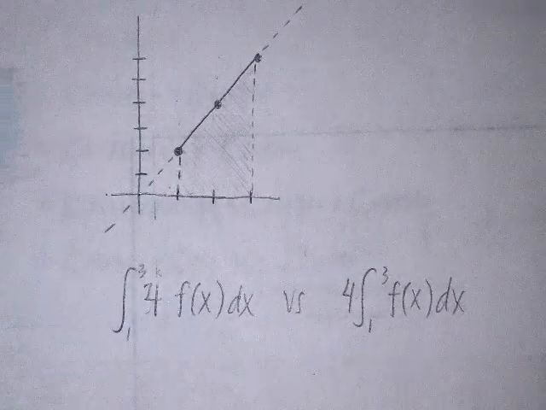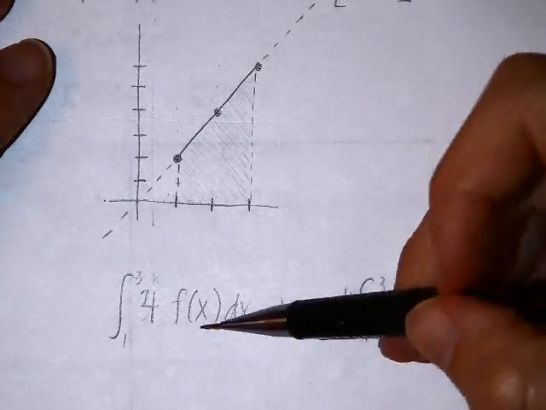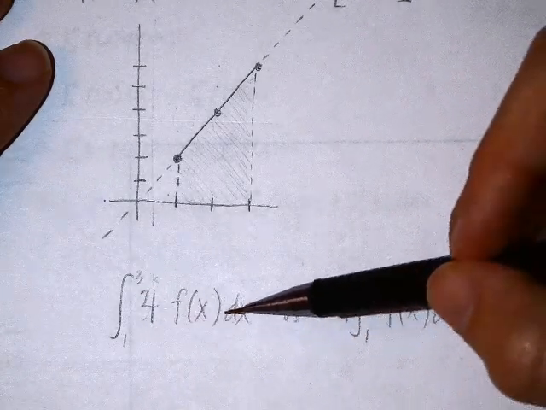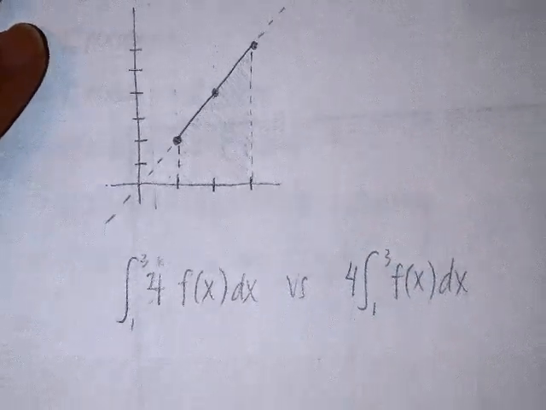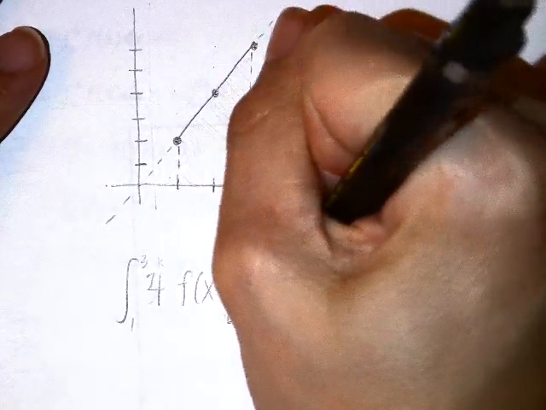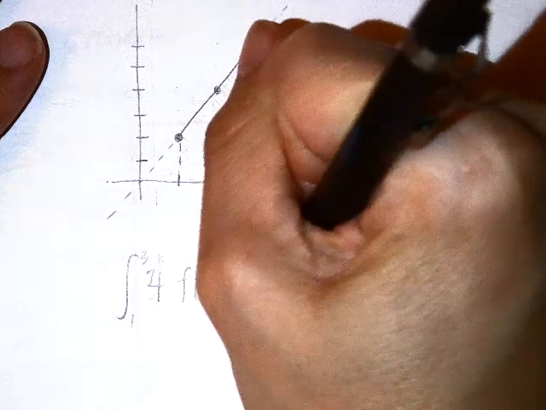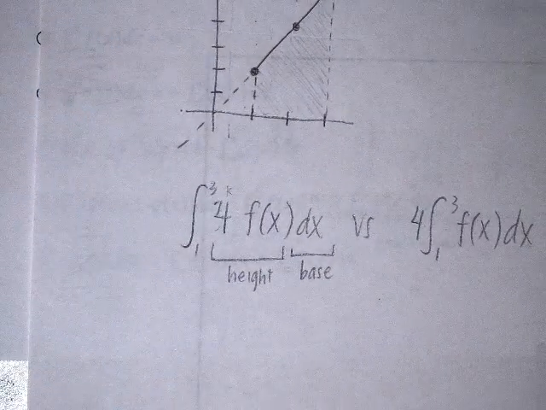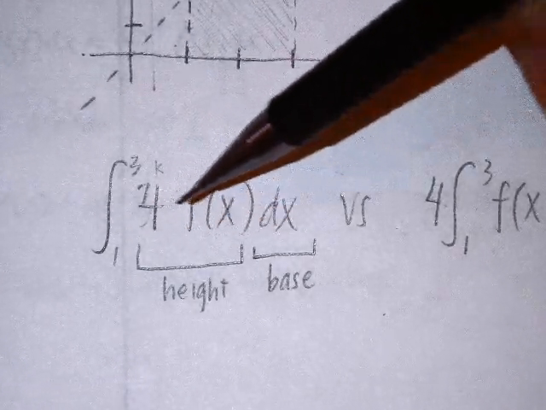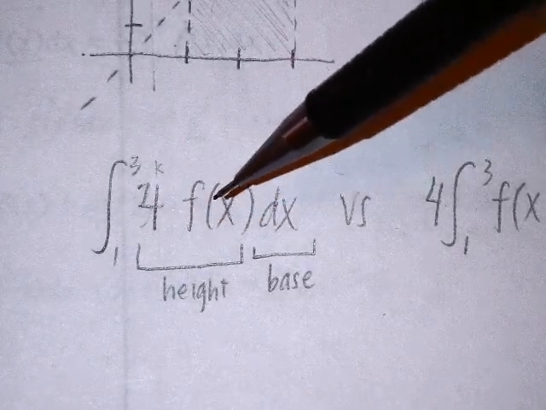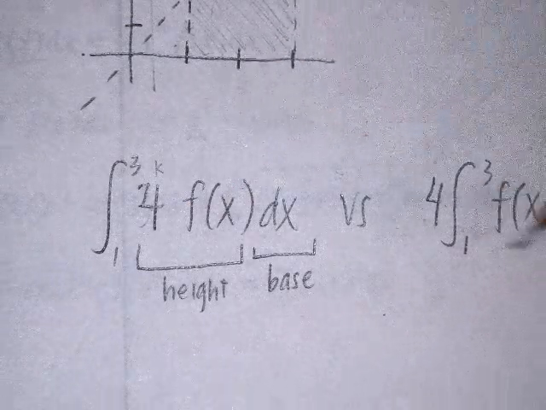I'm going to show the area approach here just so you can connect it again to this whole geometry area connection thing. If we think about this logically, 4 times f of x dx kind of goes back to what we were saying about base times height. Remember how we were saying that dx is kind of like the base of something and f of x is kind of like the height of something? Let's say for a moment that that 4 really is going to make an implication on the height of our potential shape.